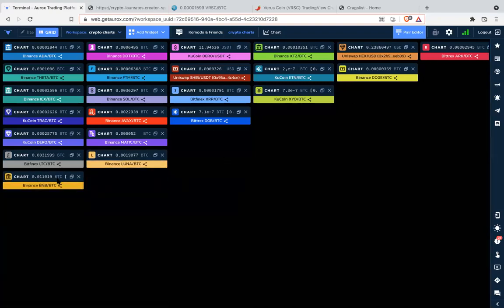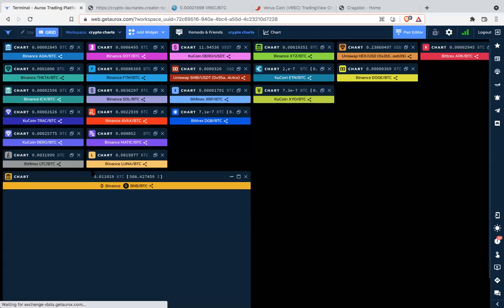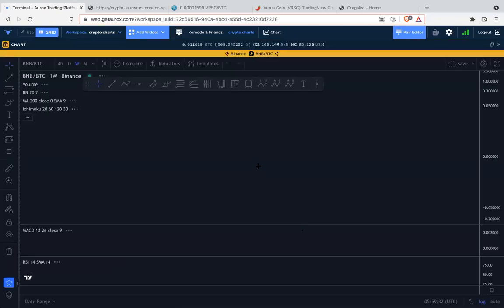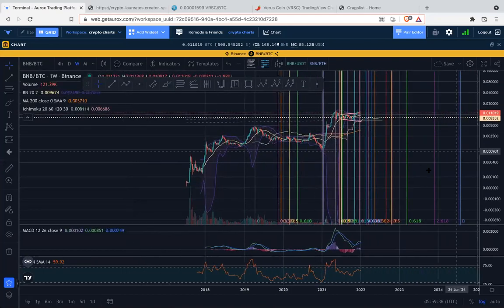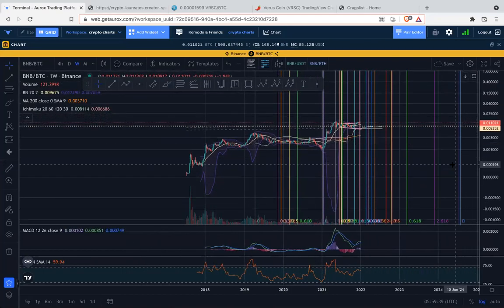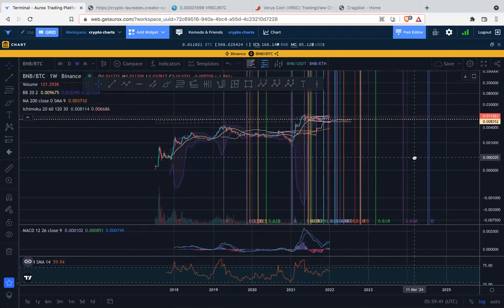All right. Finally, towards the bottom here, we have BNB, the beast, Binance against BTC here in the price chart. And because we also have a lot of data on this on the weekly time frame, I did a bit of time analysis. I looked at the very low to the next significant low.